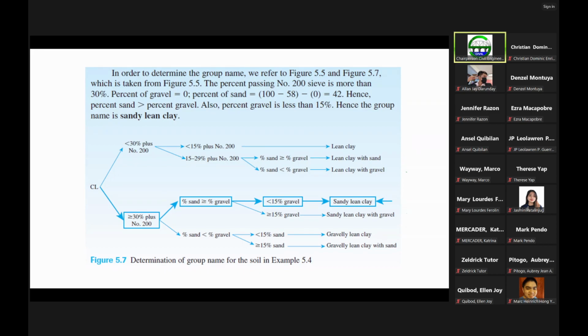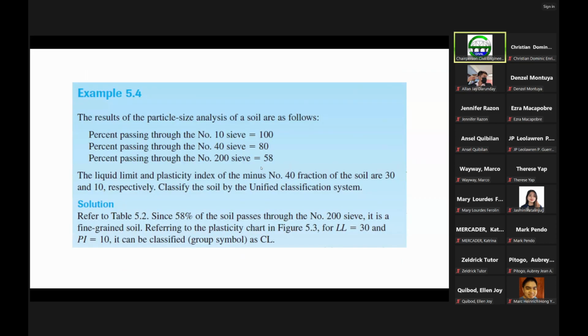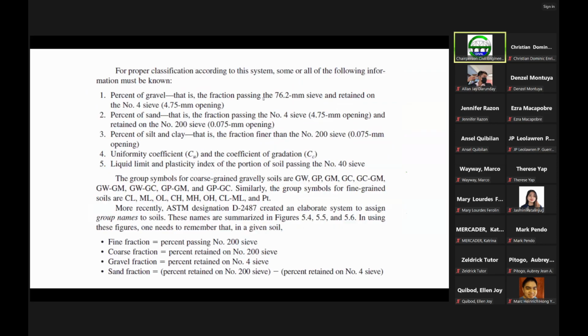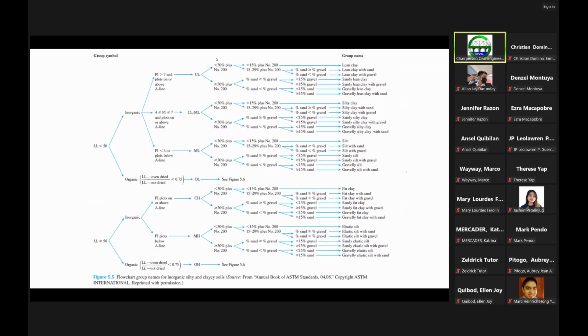The percent passing number 200 sieve is just the same as the plus number 200. In this case, it is 58, so that's greater than 30%, it's not less than. So that means we go to this path, not this one.